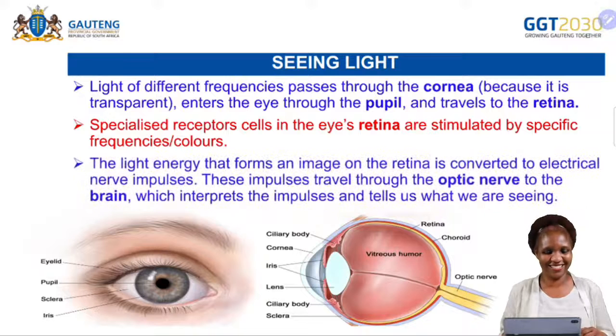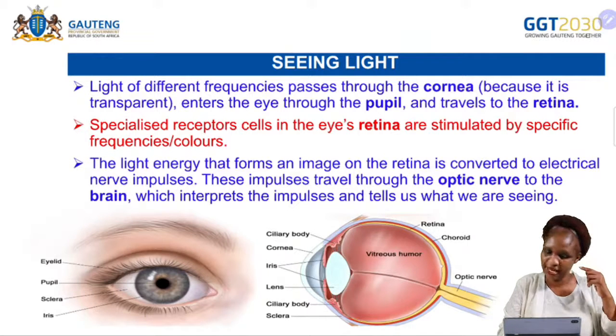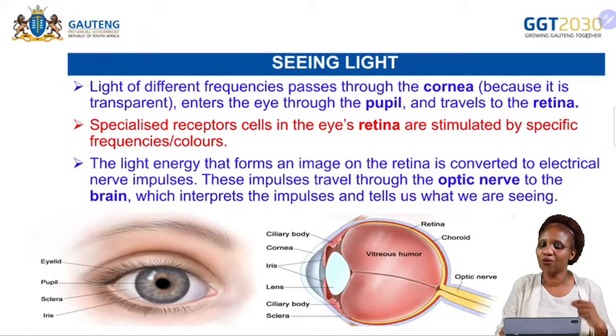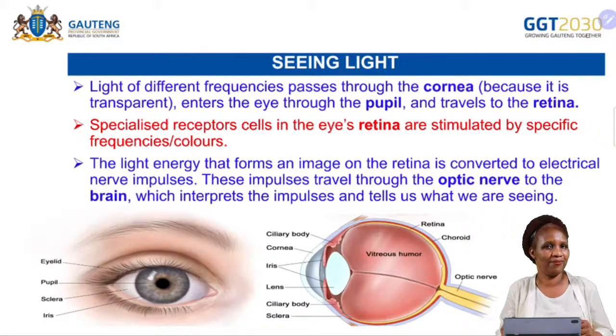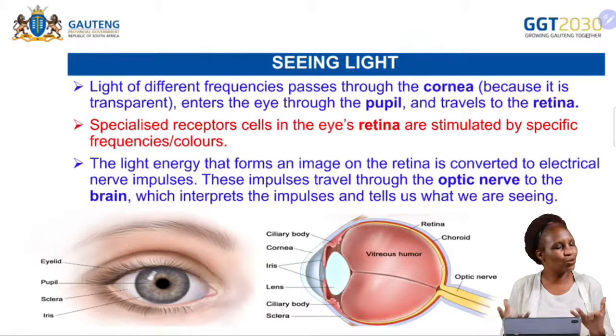Grade 8. The light energy that forms an image on the retina is converted to electrical nerve impulses. These impulses travel through the optic nerve to the brain, which interprets the impulses and tells us what we are seeing. If we are seeing green, what would have happened?